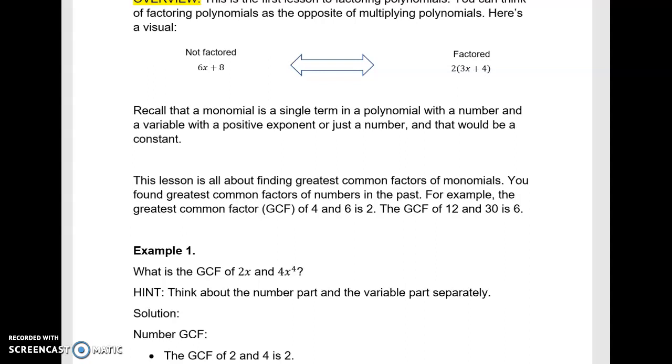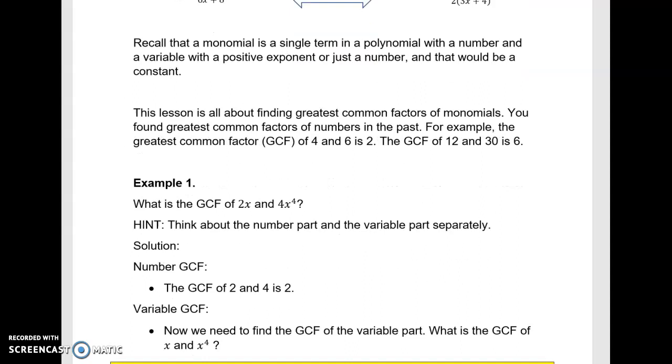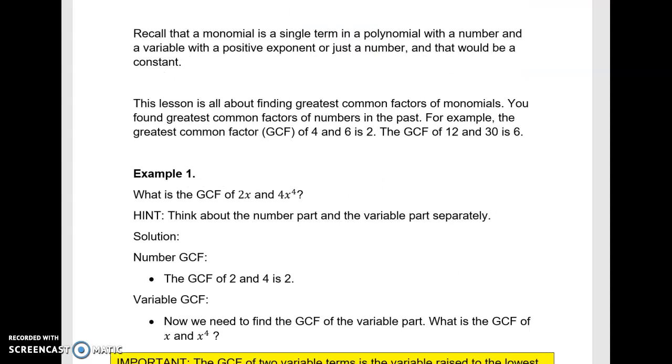So in the past, you found greatest common factors of numbers. For example, and remember we call it the GCF, the GCF of 4 and 6 is 2. So 2 is the greatest number that goes into 4 and also goes into 6, the greatest factor. And then another example, the greatest common factor of 12 and 30 is 6.